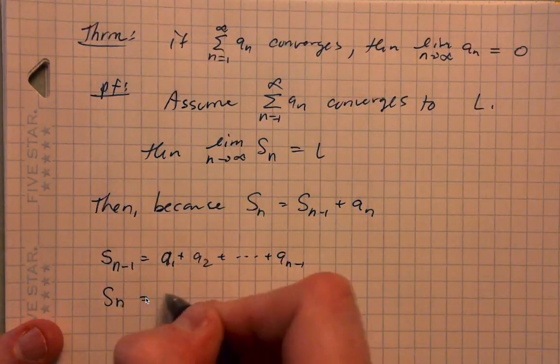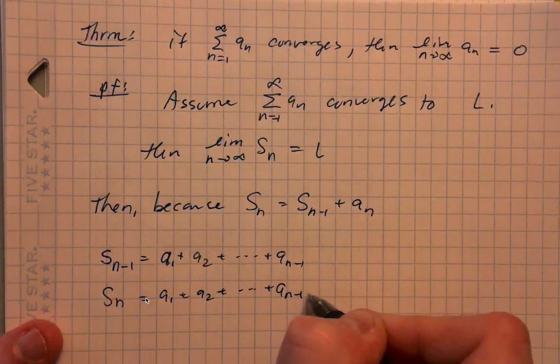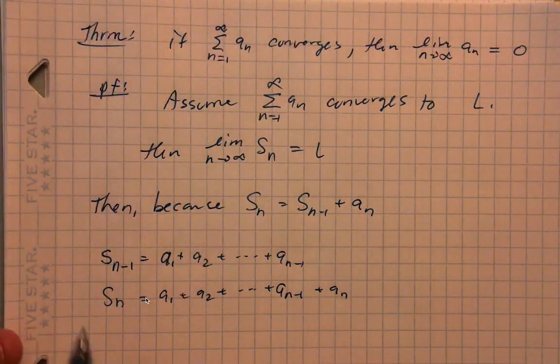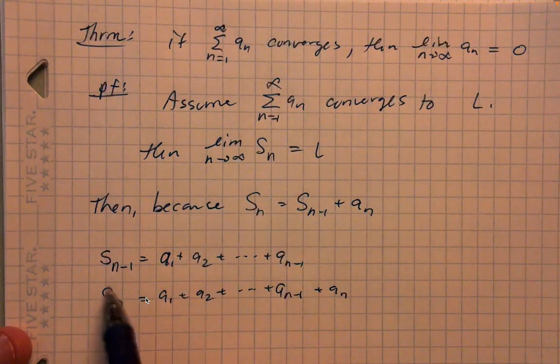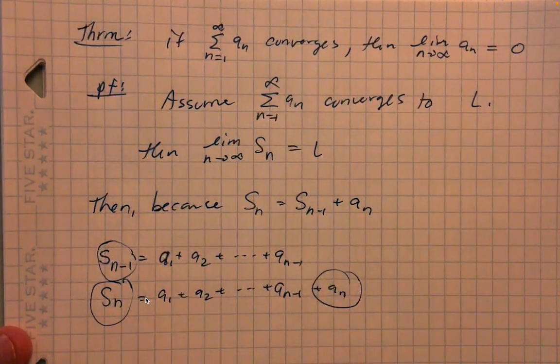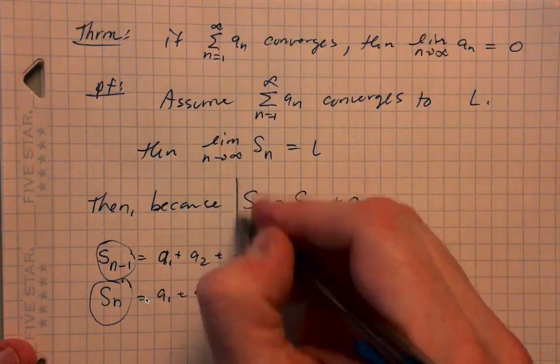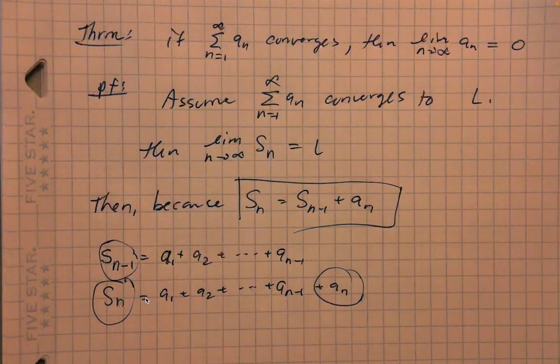S of n is equal to a of 1 plus a of 2 plus dot dot dot plus a of n minus 1 plus a of n. So all this is saying is that this is equal to this plus that. They'd be the same except for this last term. So S of n is equal to S of n minus 1 plus a of n.